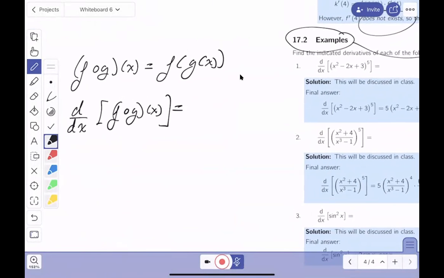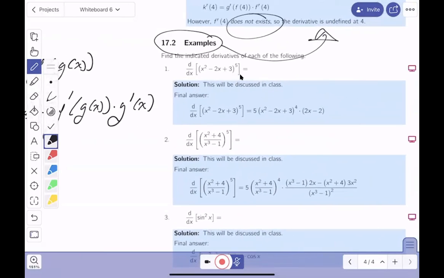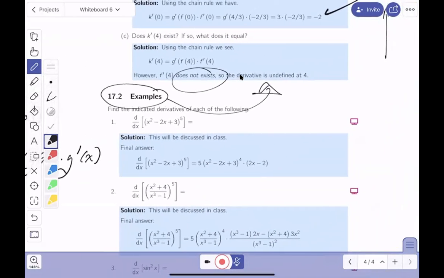We derived the rule. It's going to be the derivative of f evaluated at g times the derivative of g evaluated at x. This could be multiply nested, but what we need to start to do now is to see these functions as compositions.